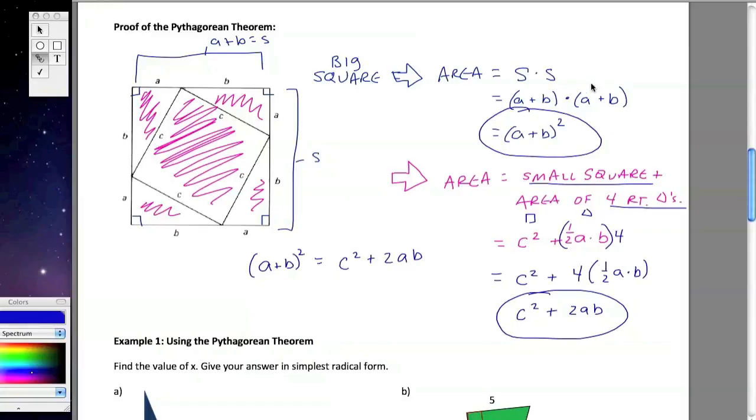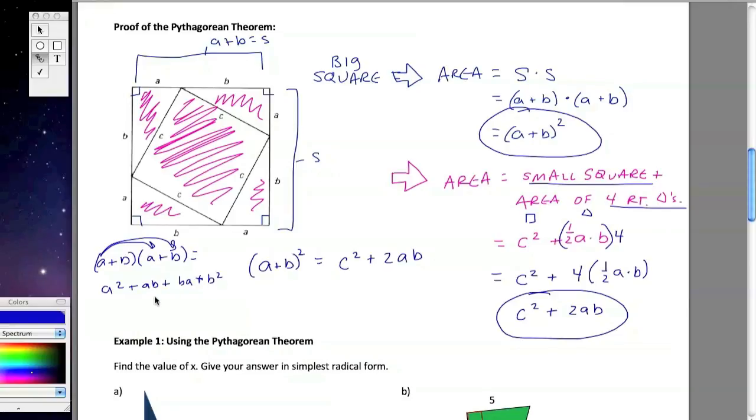We know that a plus b times a plus b is really equal to the foiling of all these things. So we have a squared, a times a, plus a times b, plus b times a, plus b squared.